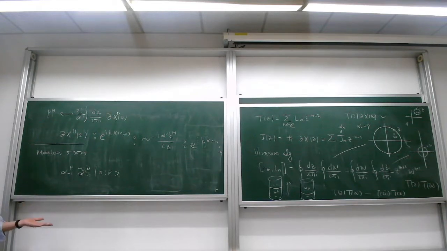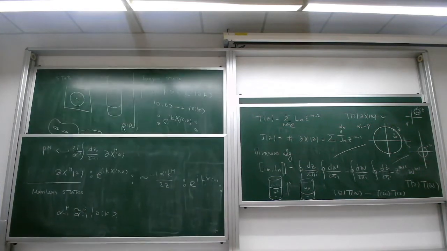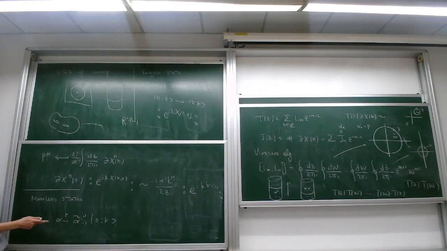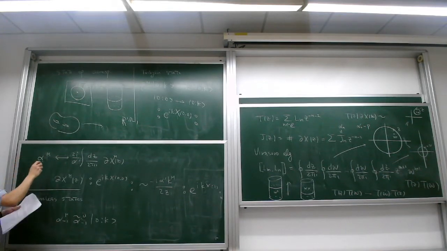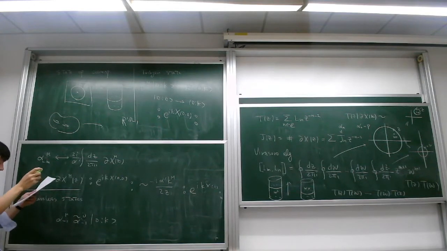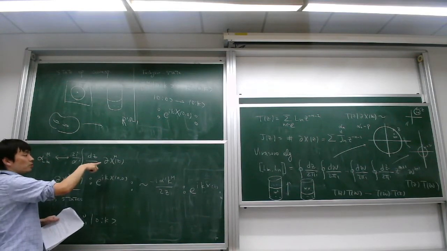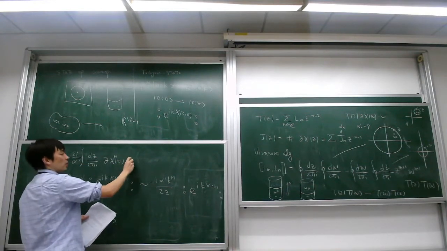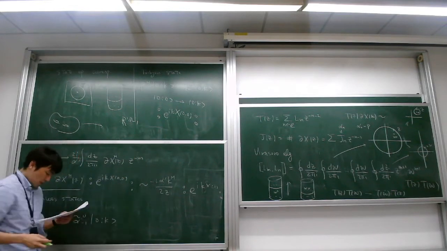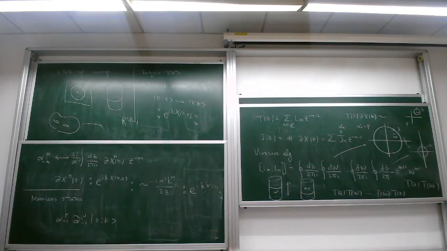The question is, given the massless states, what is the corresponding operator? We can do a similar exercise. What we want to understand is what is the corresponding mode. So alpha_-m should correspond to, instead of just without multiplying anything, you just multiply something to extract information.